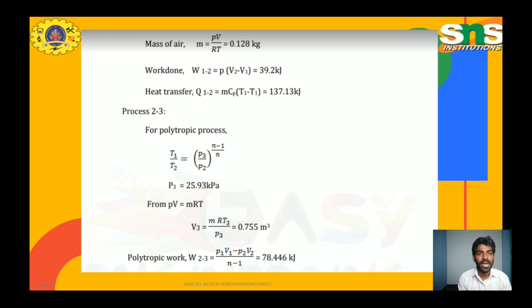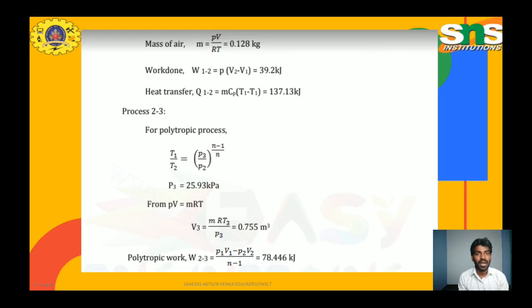The next one is the polytropic work done, the work done in polytropic process 2 to 3. W2 to 3 is equal to (P1 V1 minus P2 V2) by (n minus 1). Substituting all these values, we get the polytropic work 78.446 kilojoule.